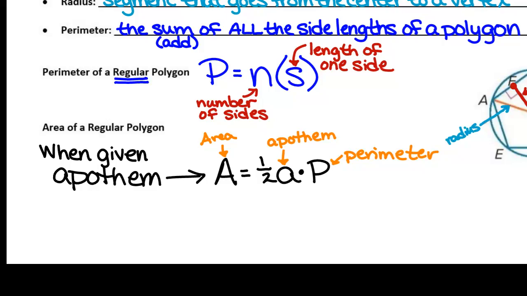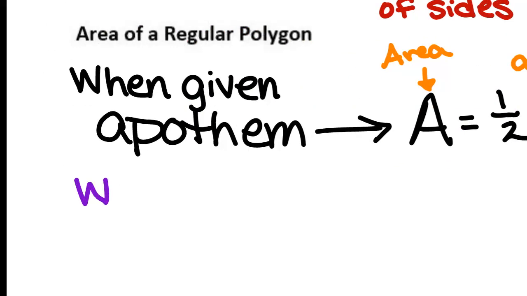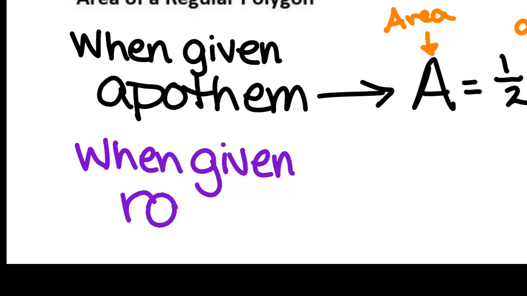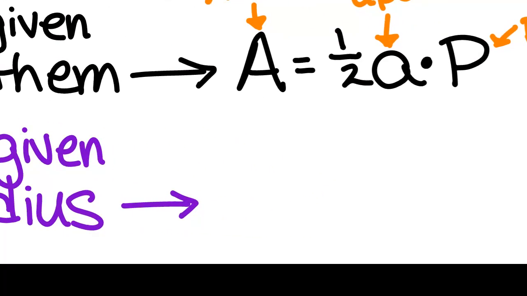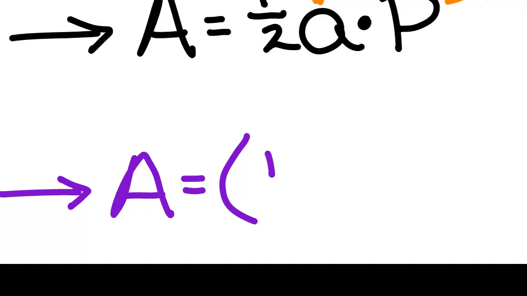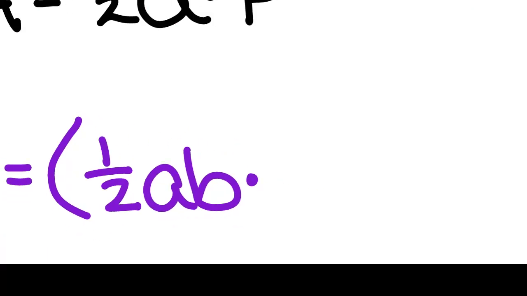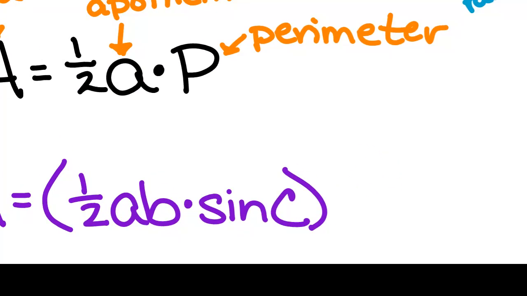If we have been given the radius, then we use a different formula. When we've been given the radius, then we have capital A equals parentheses 1/2 AB times the sine of angle C times lowercase n.